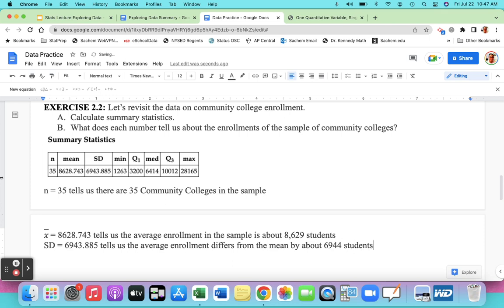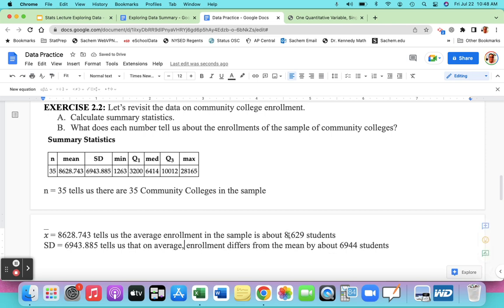Okay, so again, the standard deviation is a measure of spread. So on average, enrollment differs. So I shouldn't say the average enrollment, I should say on average. This is phrased better: tells us that on average, enrollment differs from the mean by about 7,000.